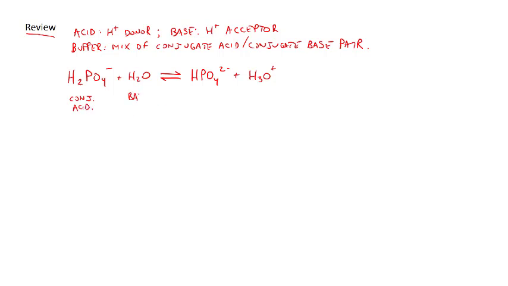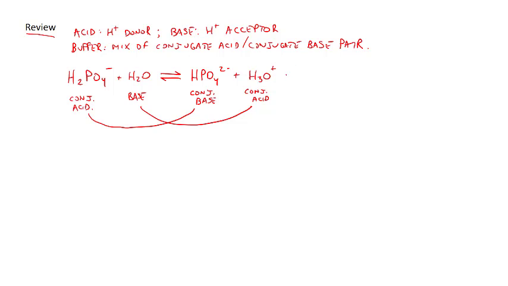Water in this case is acting as a base, because remember, in the Bronsted-Lowry system, you can never have an acid without a base. There's always one accepting the proton and one donating the proton. HPO4 2- is the conjugate base partner of H2PO4-, and H3O+ is the conjugate acid of the water. So the two are related in that way.